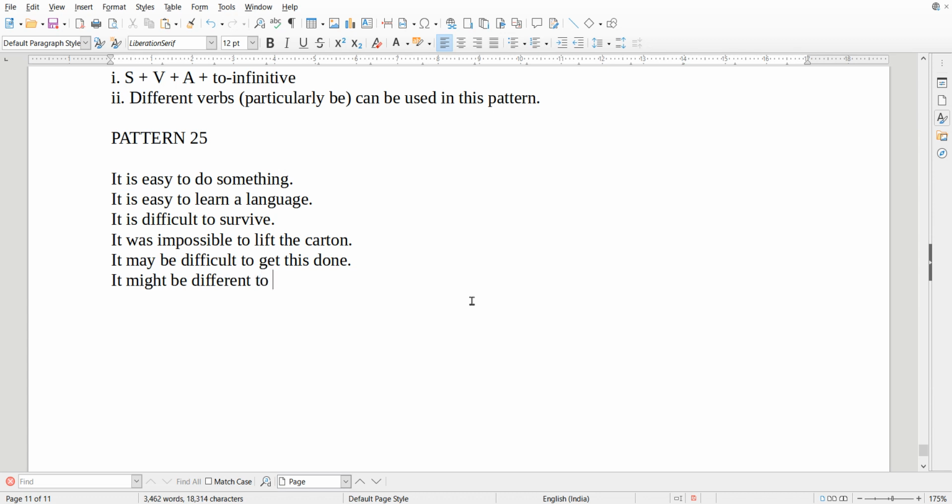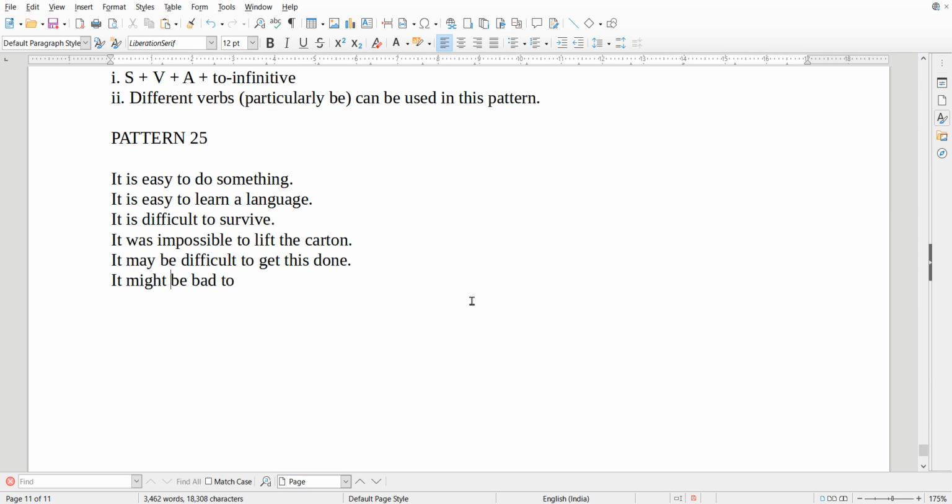It might be different to. Okay, not this one. It might be different. It will be different too. It might be a different experience. That's possible, but I'll stick to this one. It might be bad.